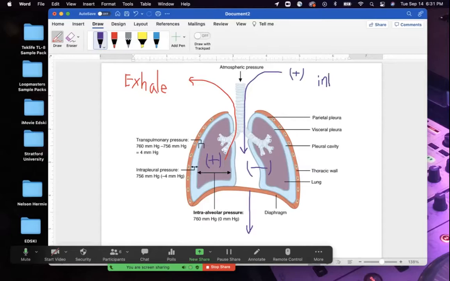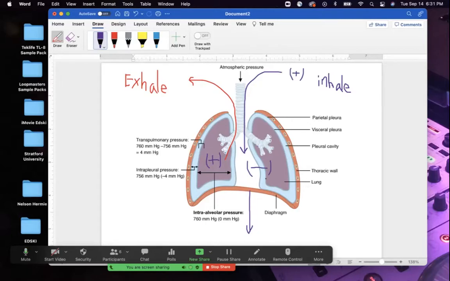So to recap, it's all about pressure gradients. If you have no pressure gradient, then you won't breathe. So when you inhale, it's active. The intercostal muscles and your diaphragm all contract, so that increases the volume.